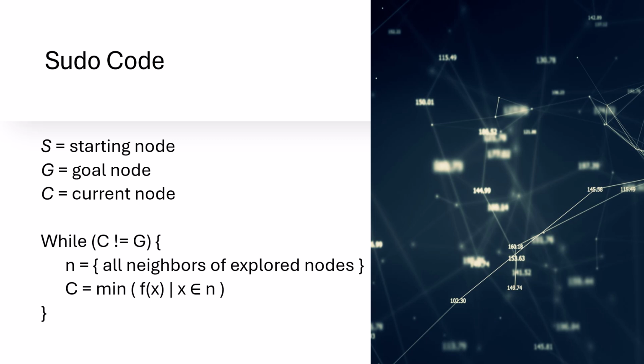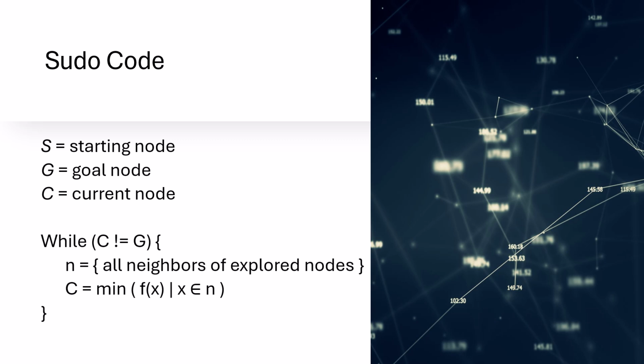This is some bare bones pseudocode that I wrote. So it's basically saying the same thing as before, where you have a starting node and a goal node, and we also have to keep track of what the current node we're on is. This while loop says to keep traversing the tree until we've reached the goal node.